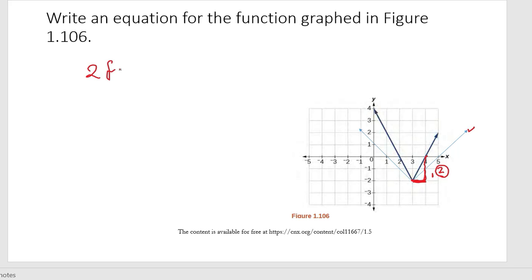So 2 f of x is this graph. This graph was absolute value of x shifted 3 units toward the right, so x minus 3, 2 units toward down, so minus 2, and times 2.